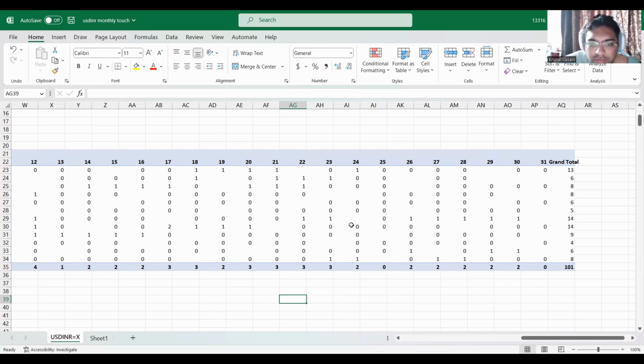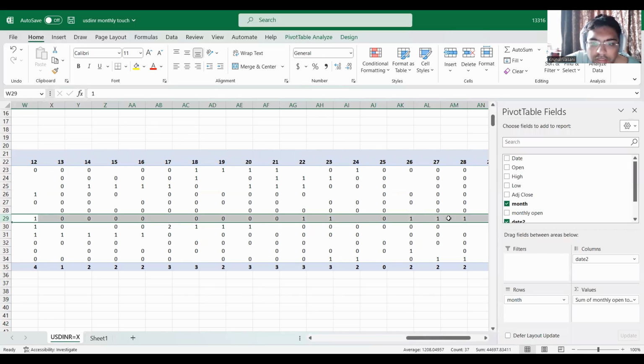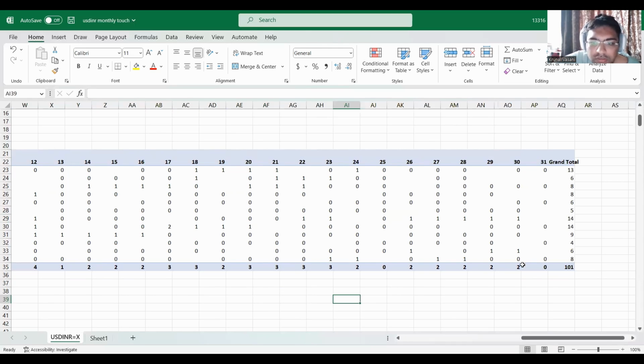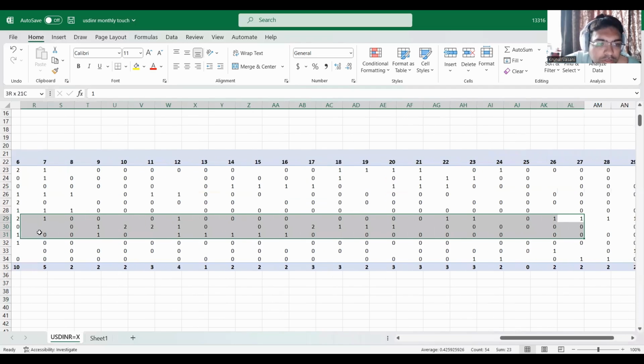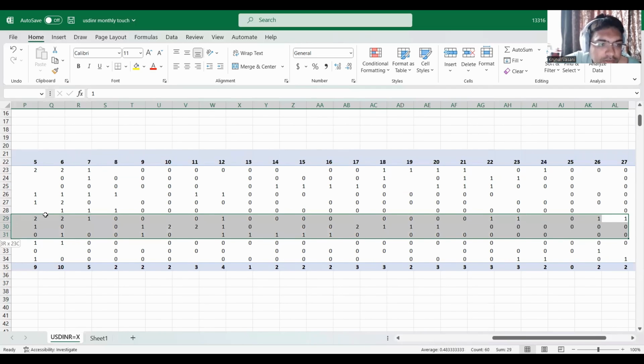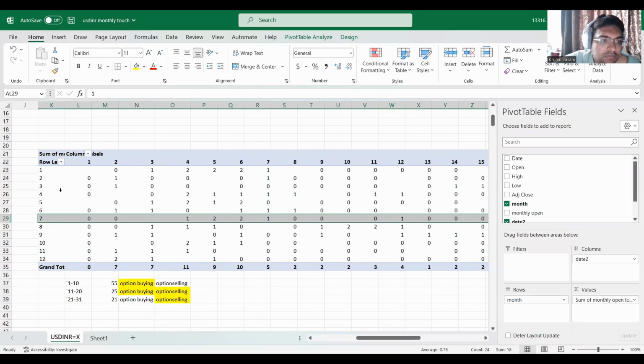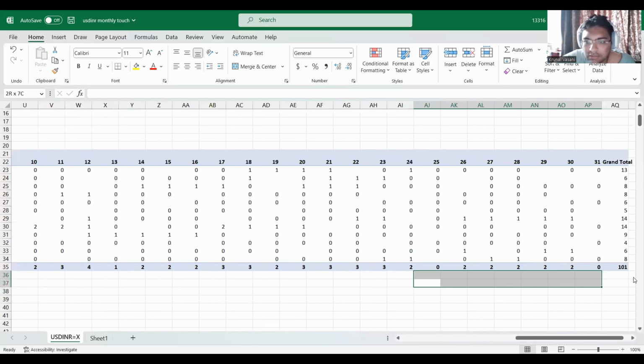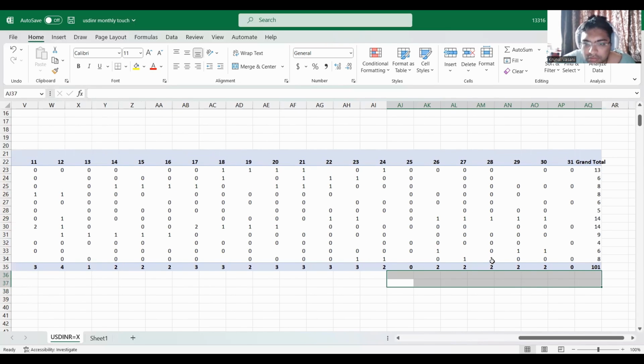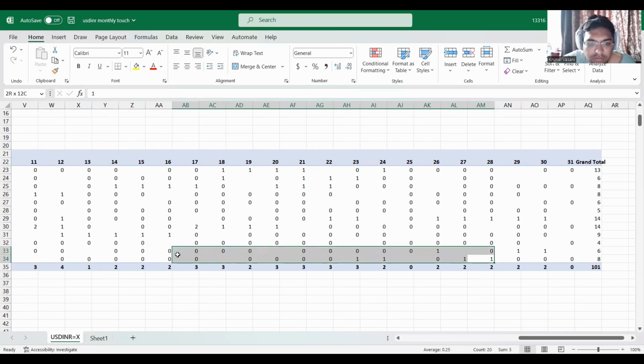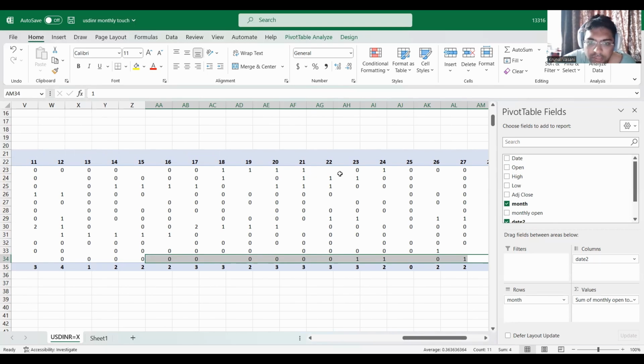Now, this month also has the highest probability of touching. July also has the probability of touching, and December also has a higher probability of touching.